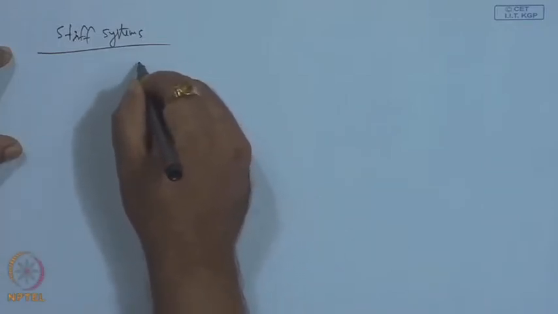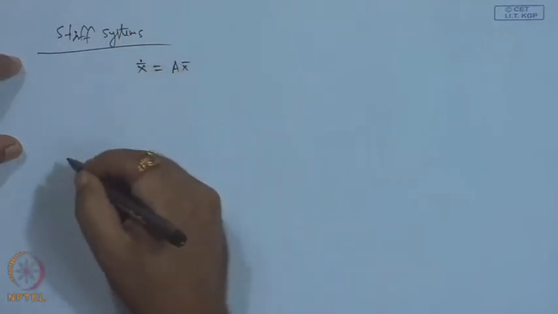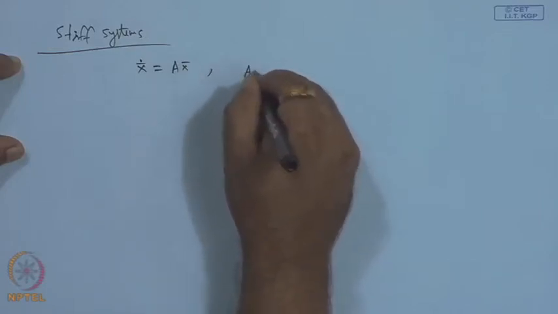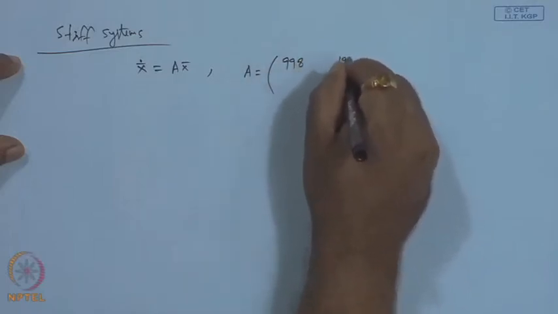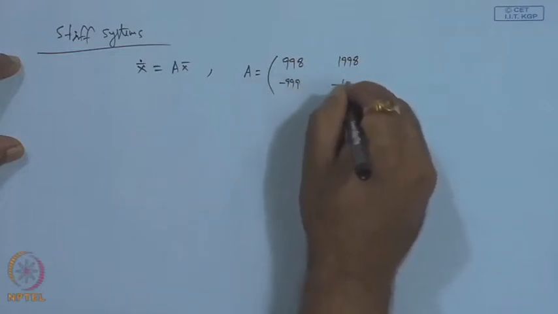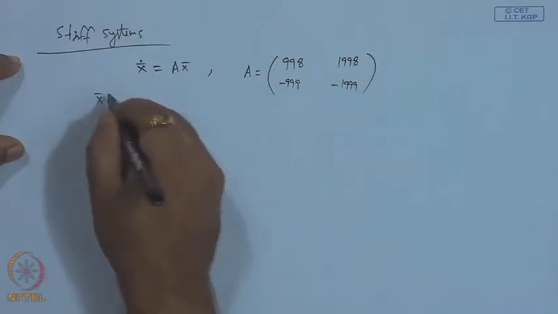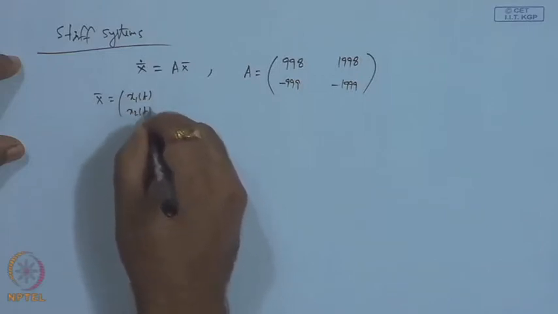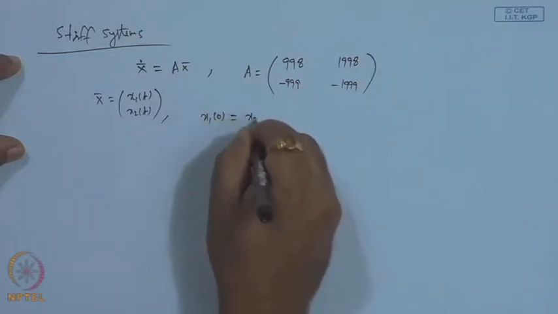So, we have a system. So, example, say A is, okay, with conditions where x bar is say x 1 of t and x 1 of 0.